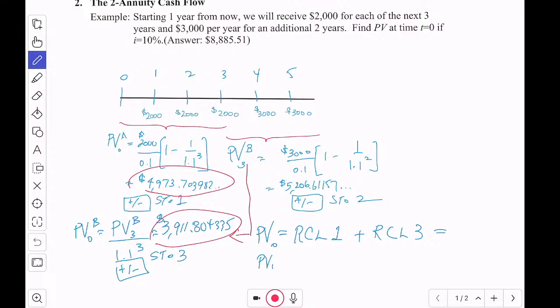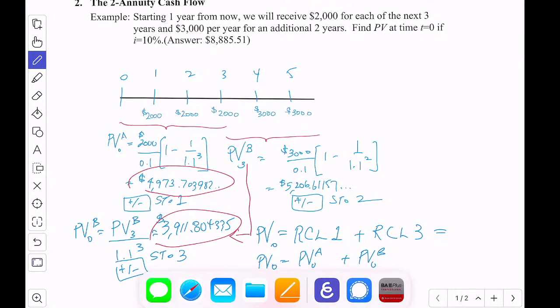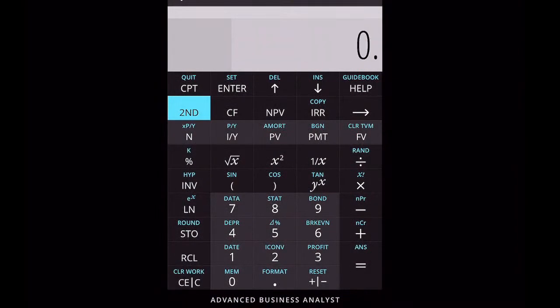In other words, I'm taking PV0A plus PV0B. Recall 1 plus recall 3.